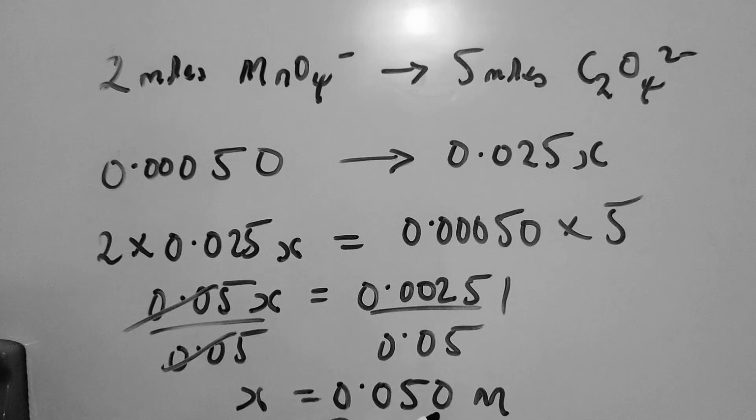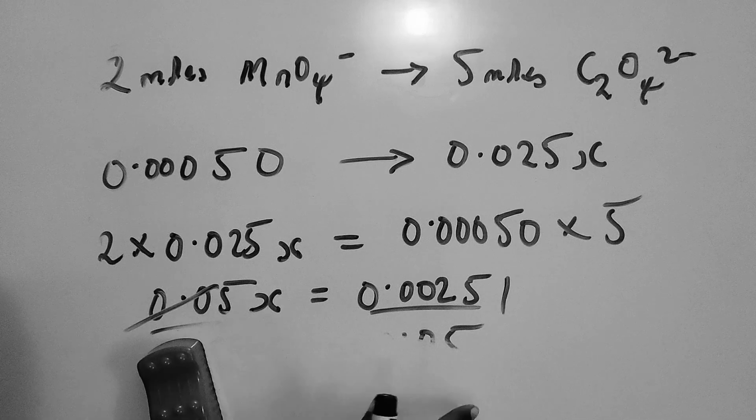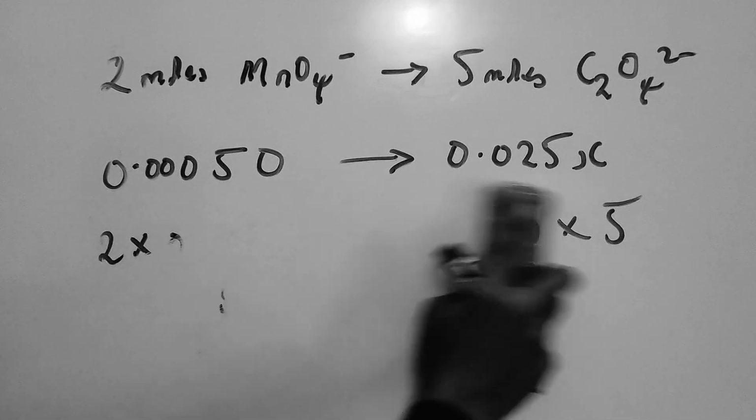And then if you want to determine the molar mass of the oxalic acid, which is supposed to be the aim of this experiment, just don't forget the value we just got, that is 0.05, all right? So we need a relationship.